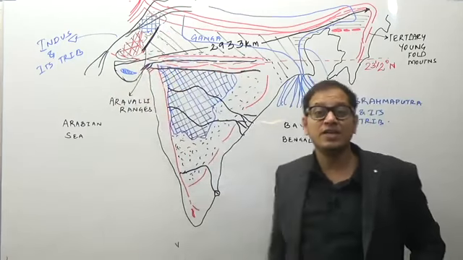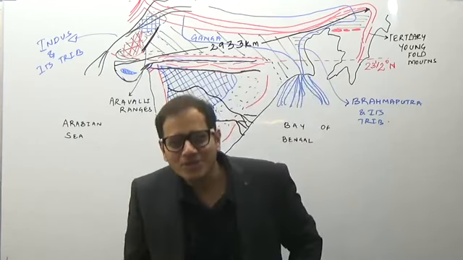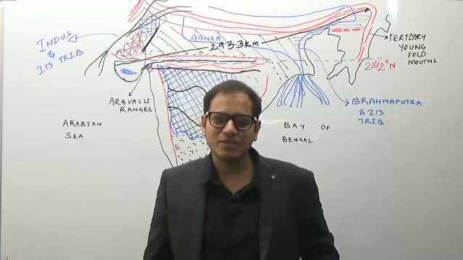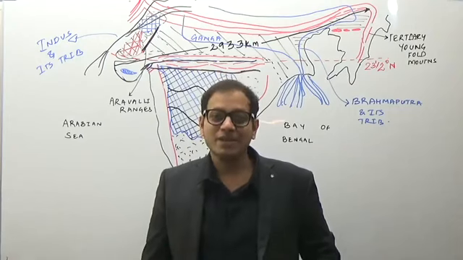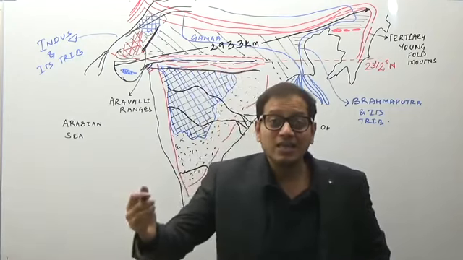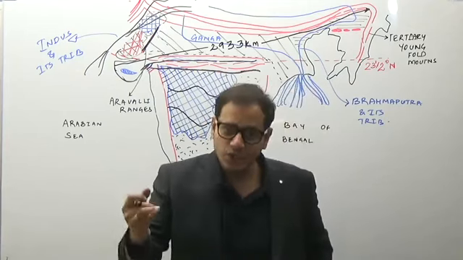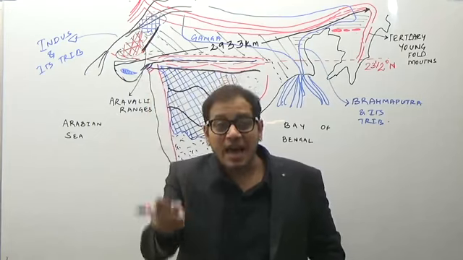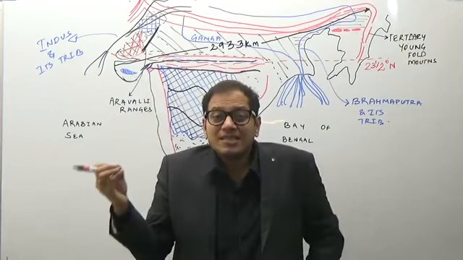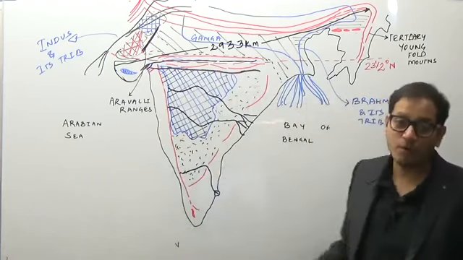These are the oldest mountain systems in the world, and obviously these oldest mountain systems have undergone a large amount of denudation, that means weathering and erosion, and therefore their height is very less. So these are in the form of low hills. The Aravalli ranges are in the form of low hills.